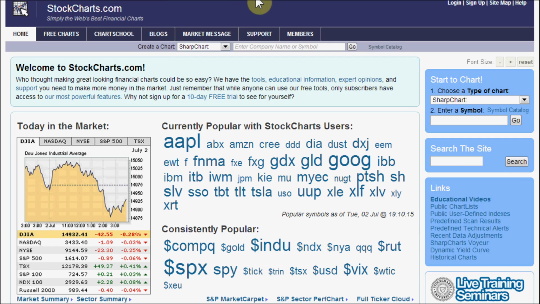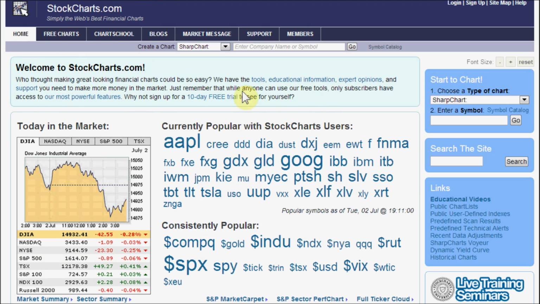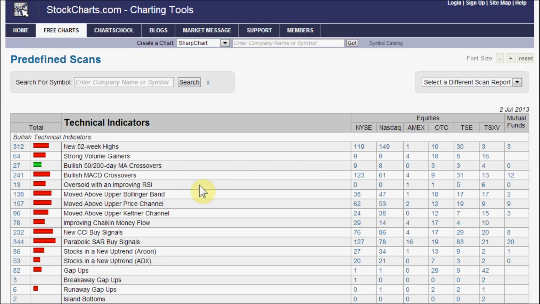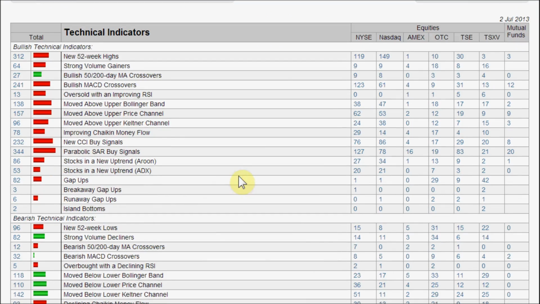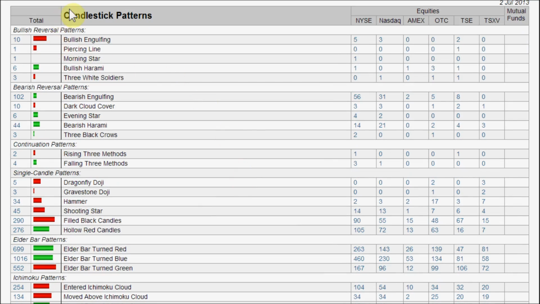Now, as I've mentioned before, StockCharts.com thinks candlestick charts are the way to go. When you click on any link here, well, let's look at Apple. Okay, you're going to see candlesticks on their default view. They also find them so important that when you go to the links section in this blue box right here and click on predefined scan results, not only will it give you a number of technical indicators that are giving signals, but you will also see a whole section on candlestick patterns.